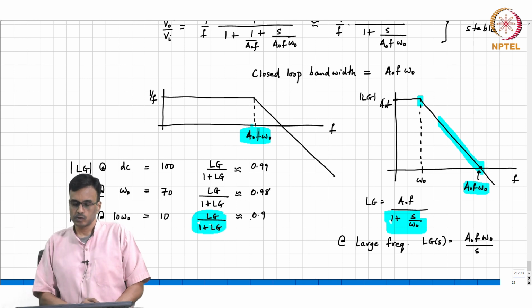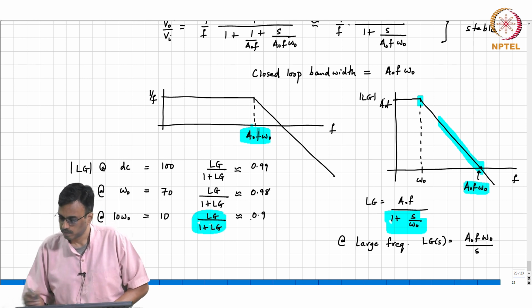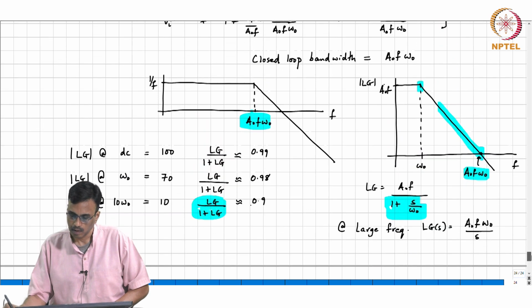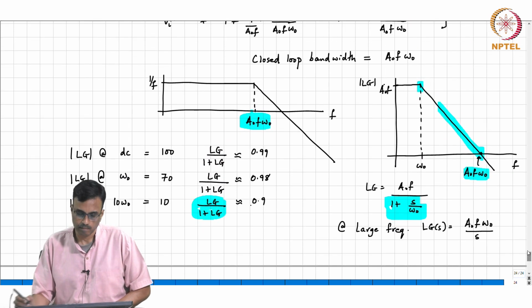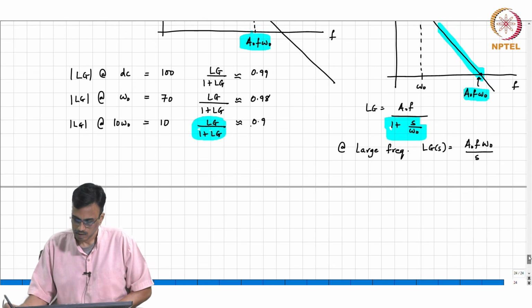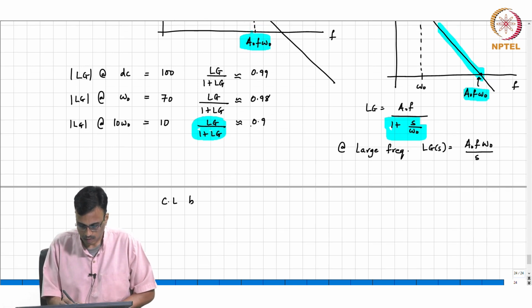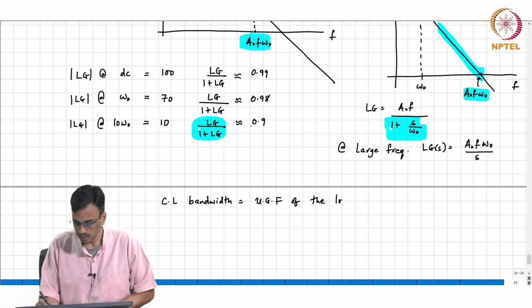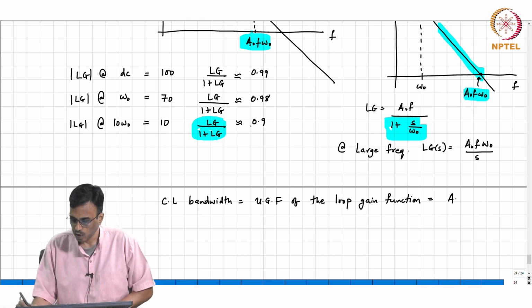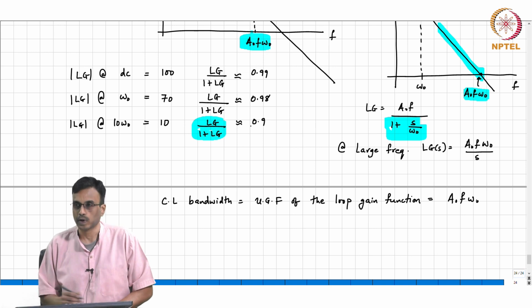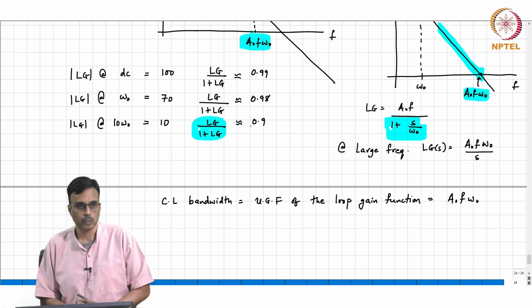It is the unity gain frequency of the loop gain function, which is the same as A naught F times omega naught.